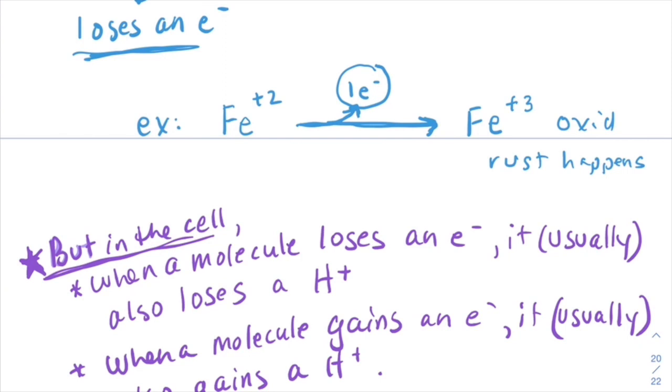Okay, in the cell, when a molecule in the cell loses an electron, it usually also loses a proton. And when a molecule in the cell gains an electron, it usually also gains a proton.